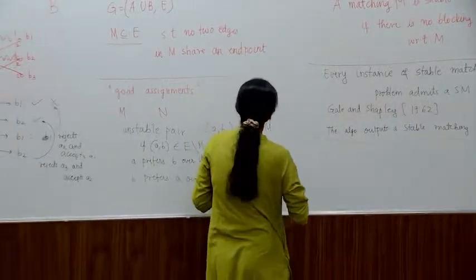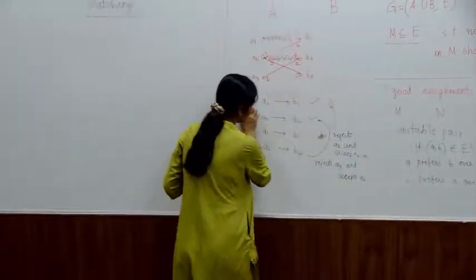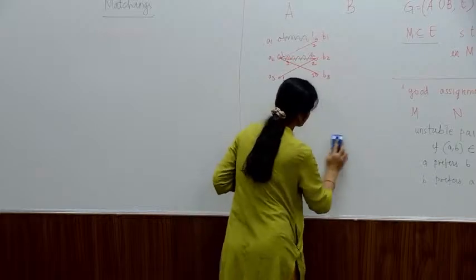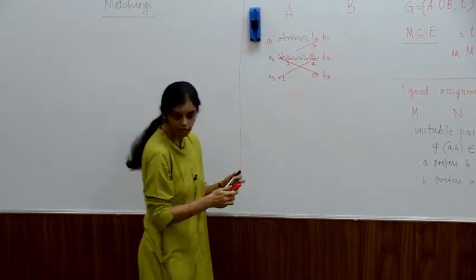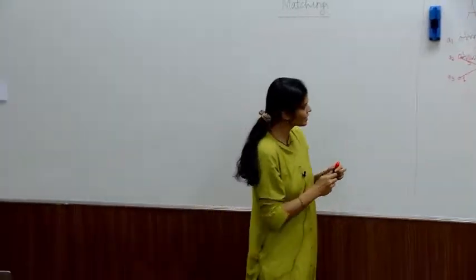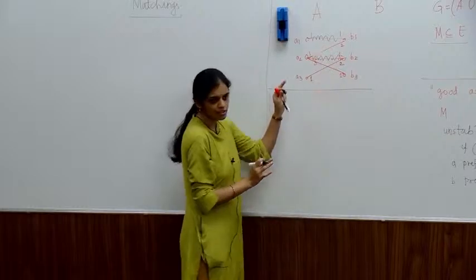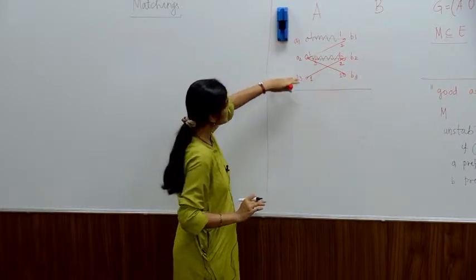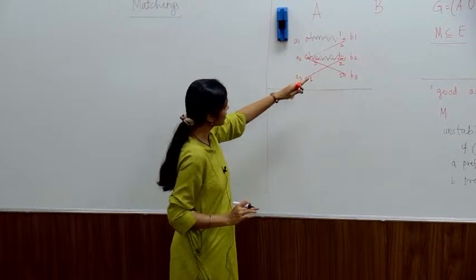Let me erase this part only. While we ran it on this example, do not get stuck to this example. We have an arbitrary instance on which we have run the algorithm from the A side, which was making the proposals.